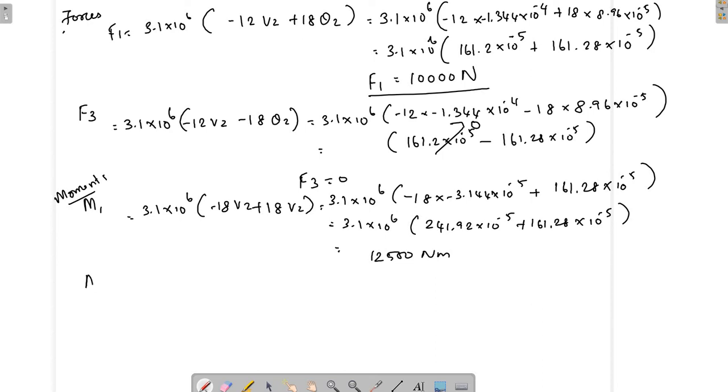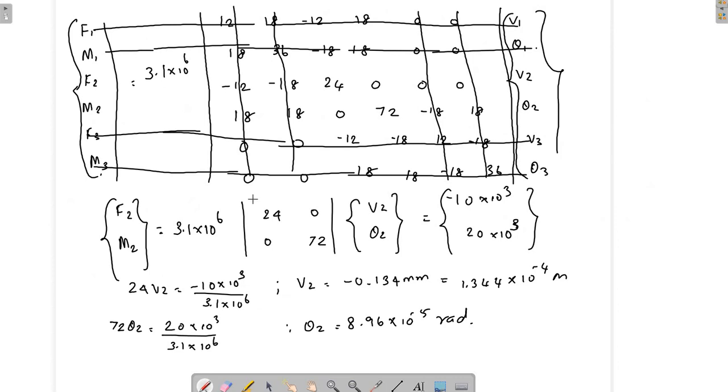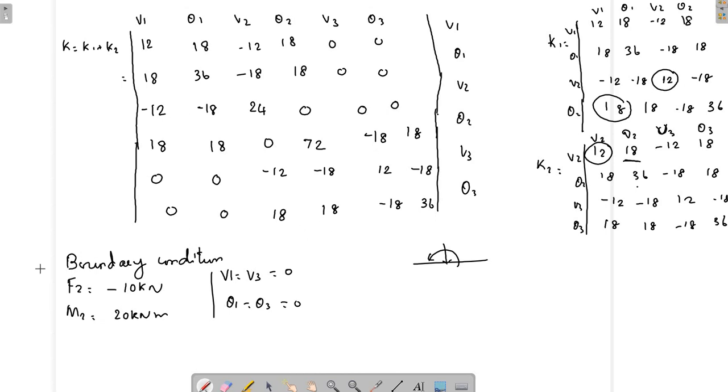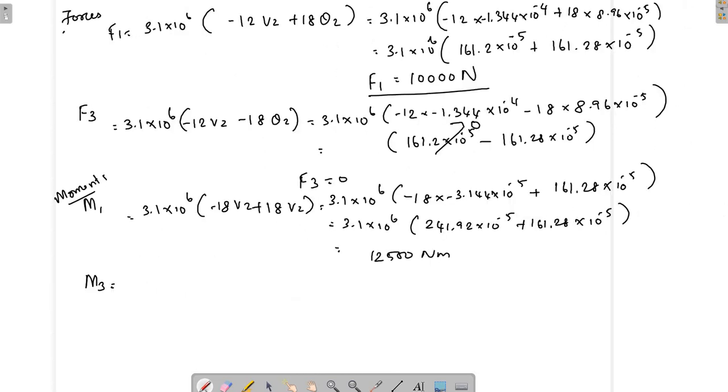The final moment, at the last support, M3. So refer to the equation: 18 V2 plus 18 theta 2. Both are positive quantities, so for this we can refer to the second slide. I am going to write M3 is equal to 3.1 into 10 power 6, 18 V2 plus 18 theta 2.